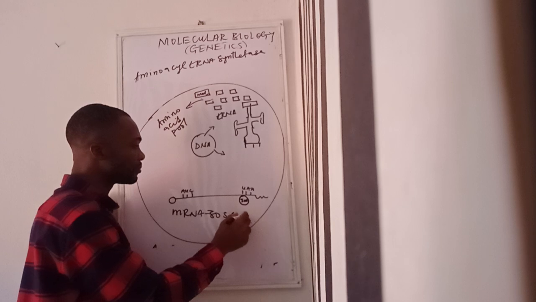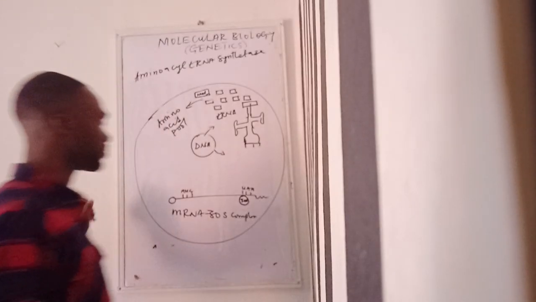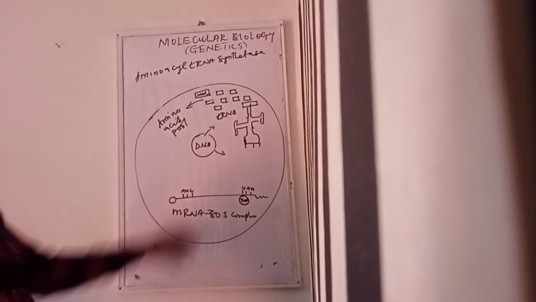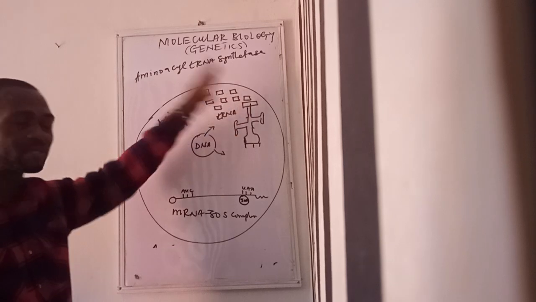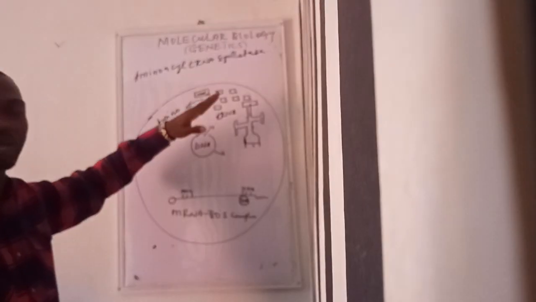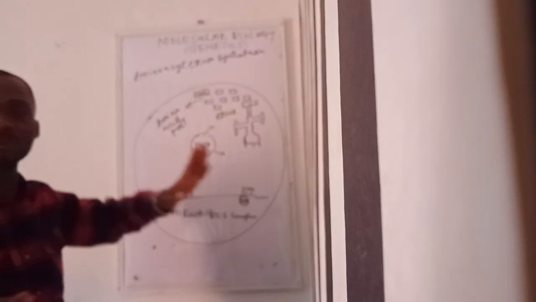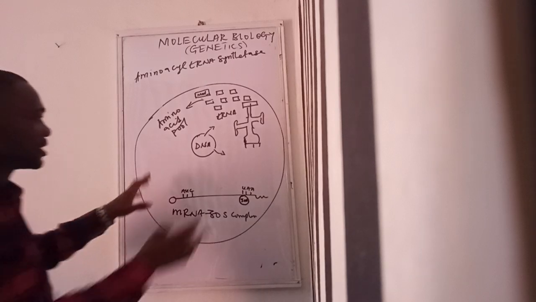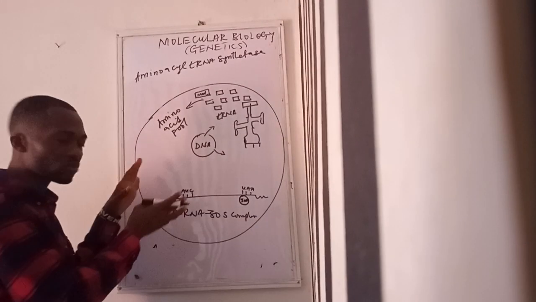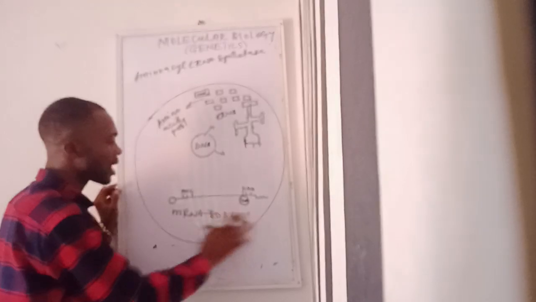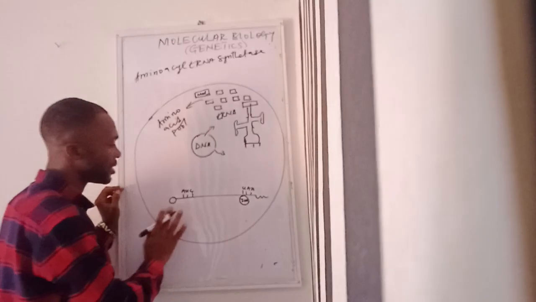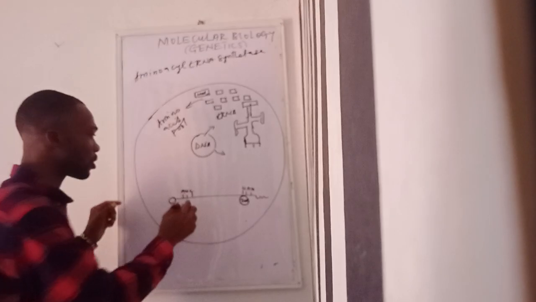By the time the transfer RNA picks the methionine, with the help of some initiation factors, it comes to deposit it on the messenger RNA. And once it deposits it there, the large subunit of the ribosome is incorporated.